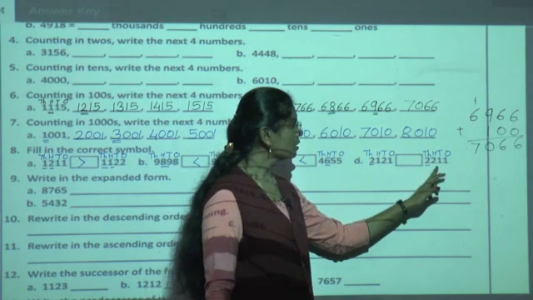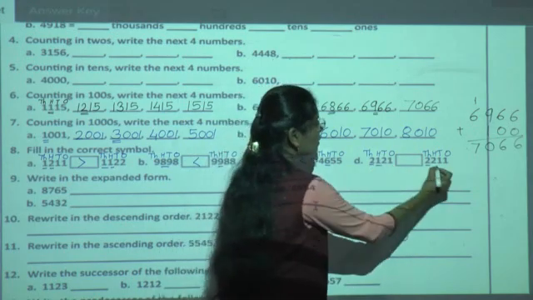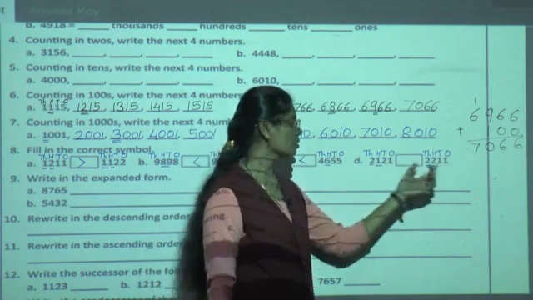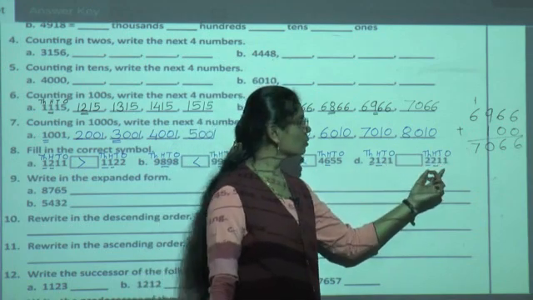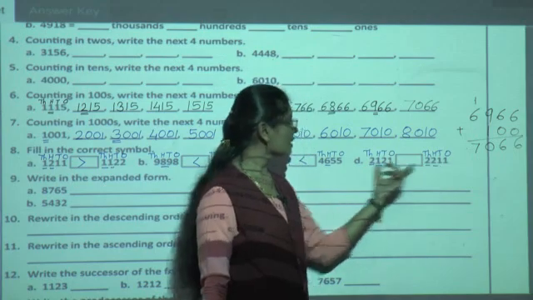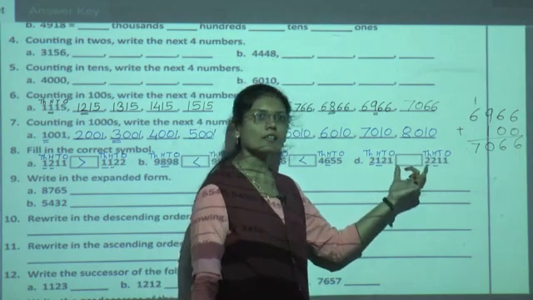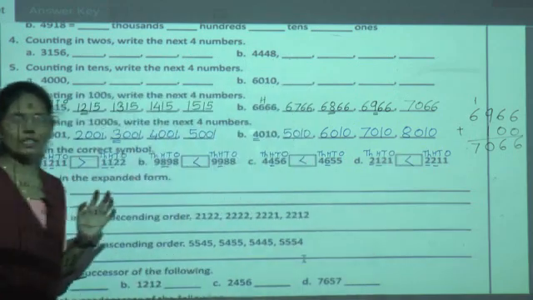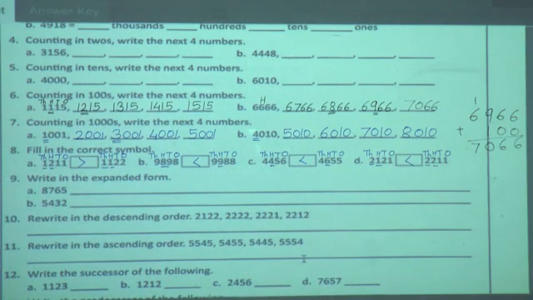Here 1 is there, here 2 is there. So 1 is smaller than 2, means 2 is greater than 1. So this whole number 2211 is greater than 2121. Understood? So in this way you can do the comparison and you can decide which number is greater or which number is smaller.